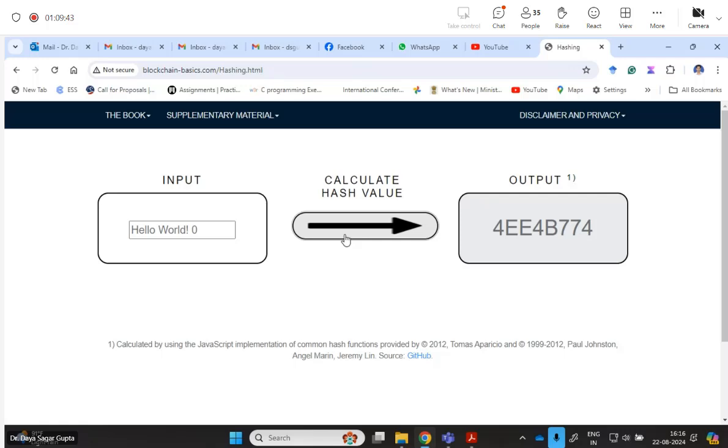Similarly, if you try to modify it, 0, 1, 2, you can see it here.